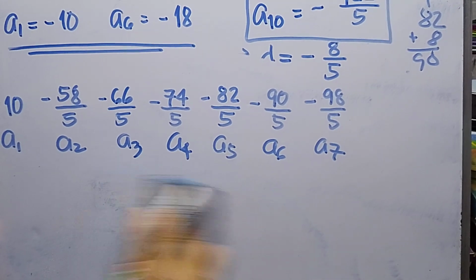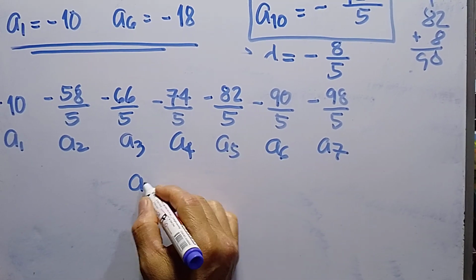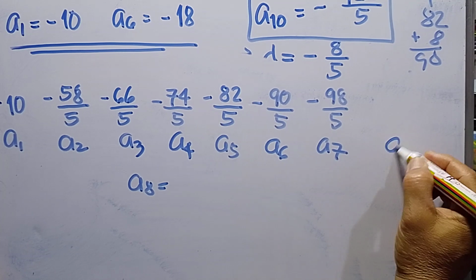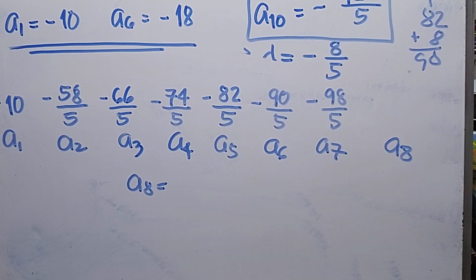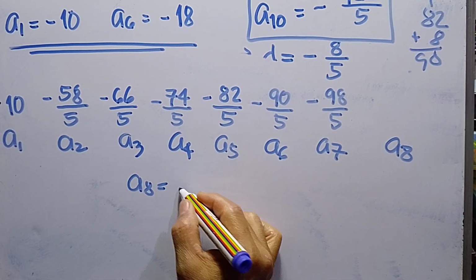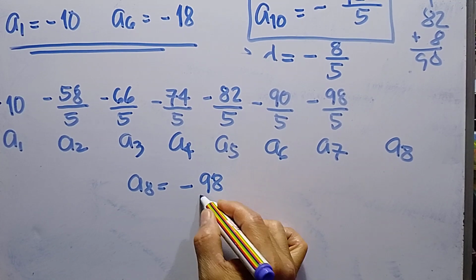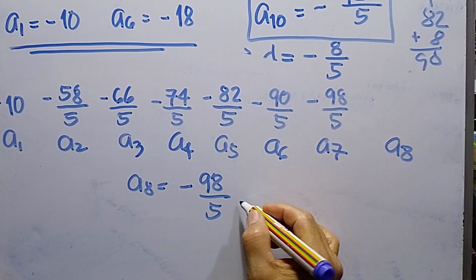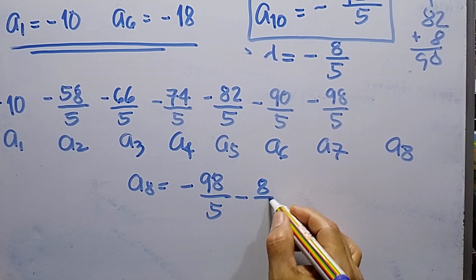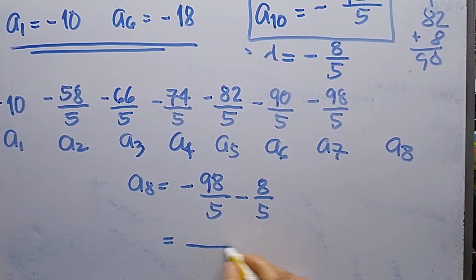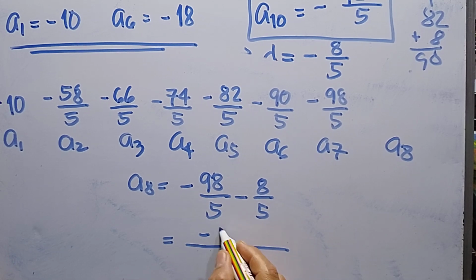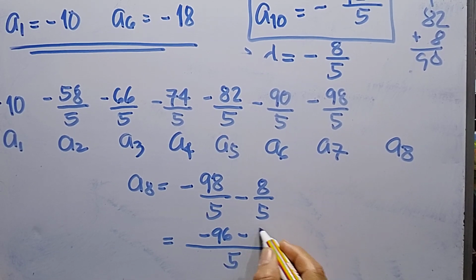Now, let's solve A sub 8. A sub 8 is equal to A sub 7, negative 98 over 5. Difference is 8 over 5. Common denominator is 5. Then negative 98 and then negative 8.